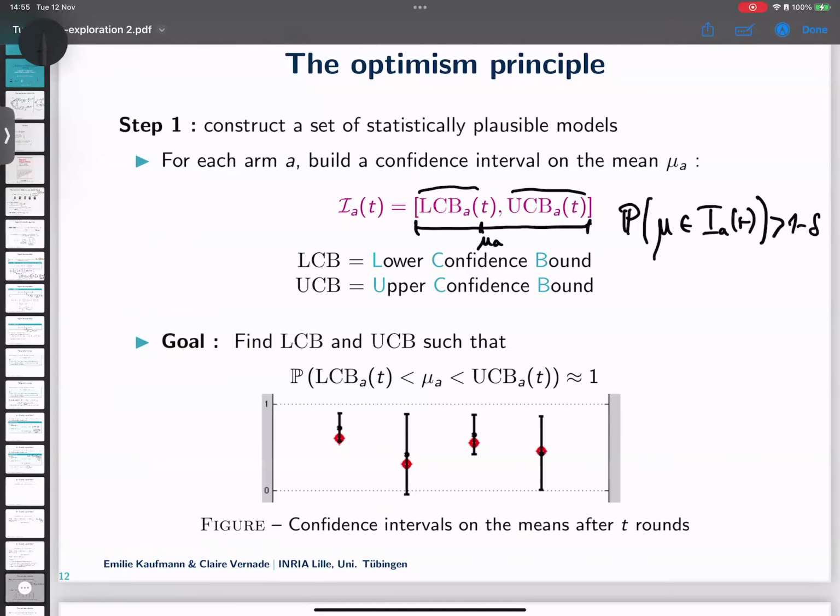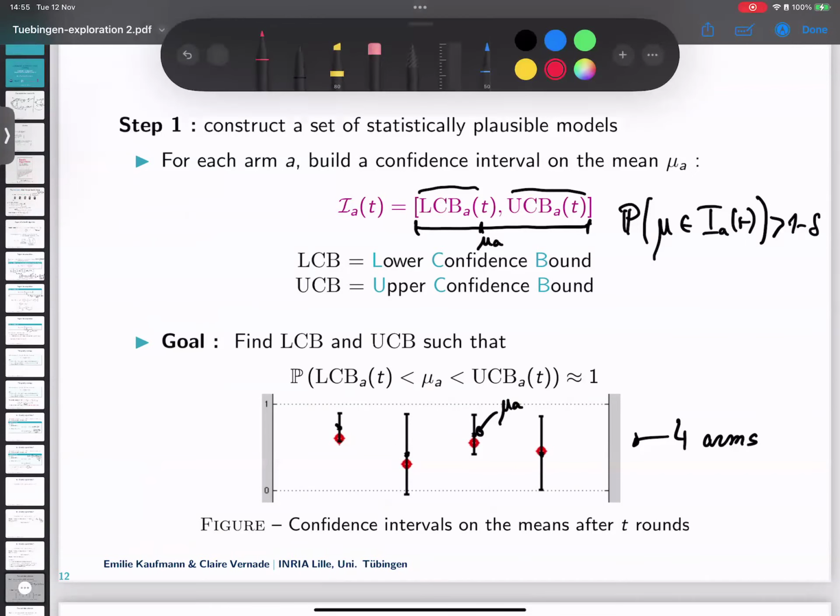These are my arms, in this drawing there are 4 arms. The true values are the little squares. This is mu A, the little square here. And these red things are the mu hats. This is mu hat 1 of t. This is mu hat 3 of t. And this is the UCB.